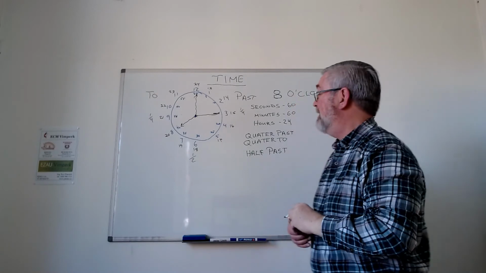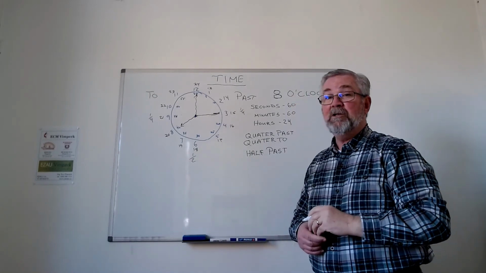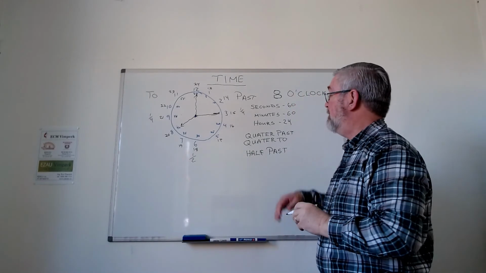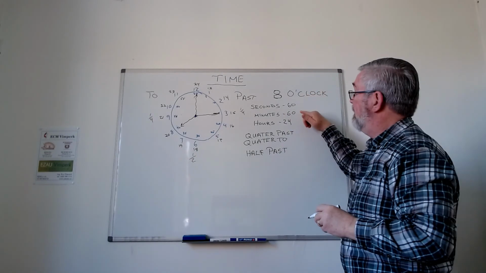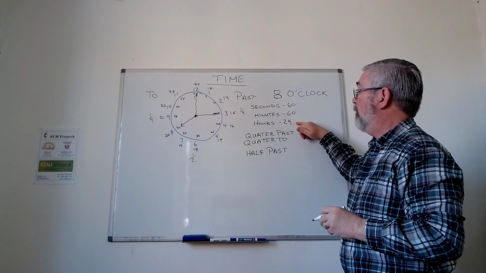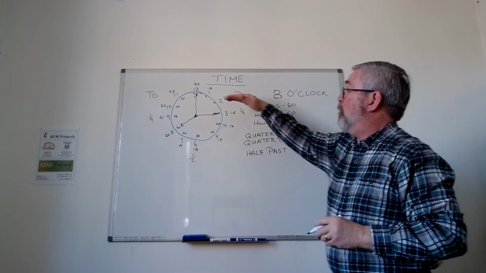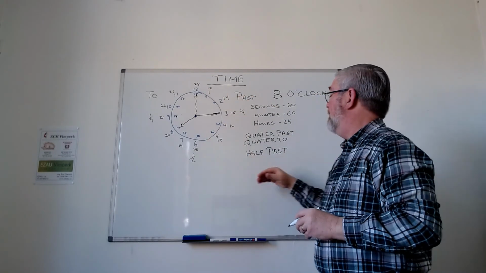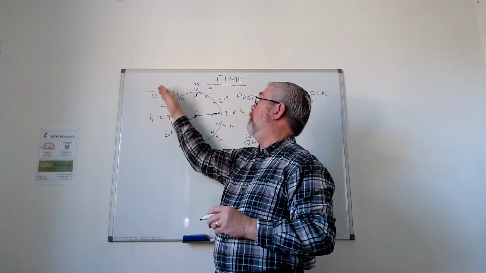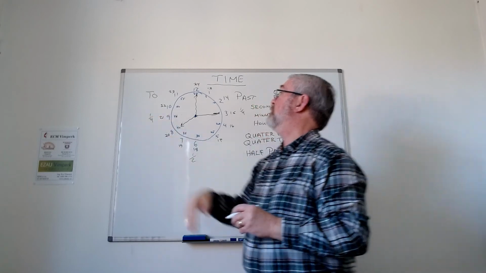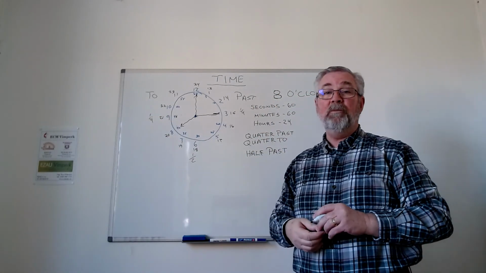Okay, so that is a basic introduction to time. Always remember we have 60 seconds, 60 minutes, 24 hours. It's going to be 1/4 past, 1/2 and then 1/4. From here is 1/4.